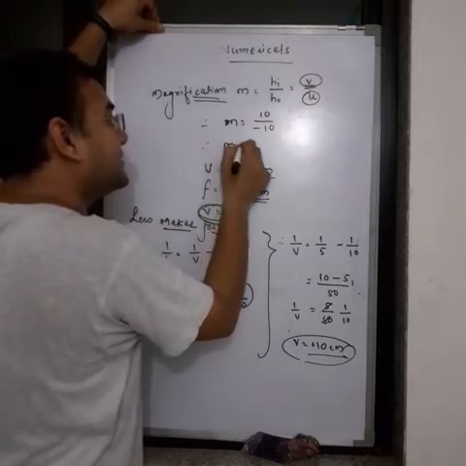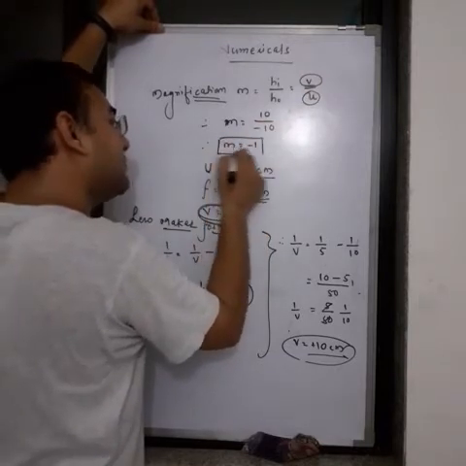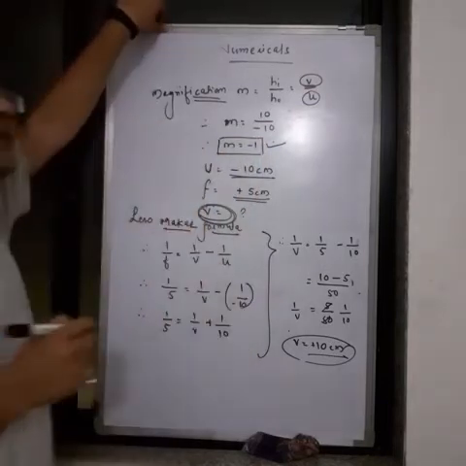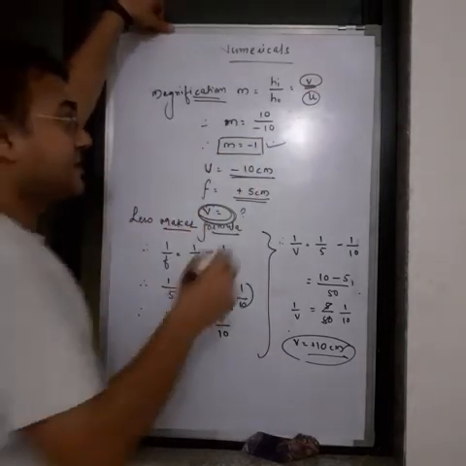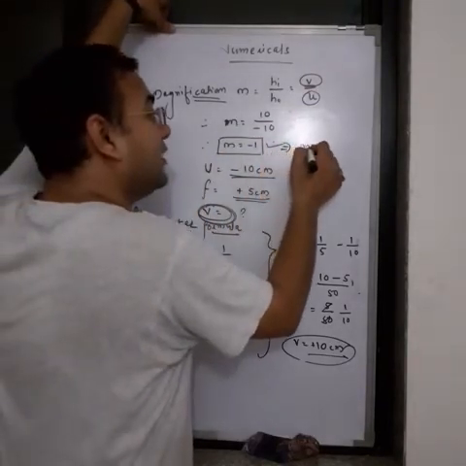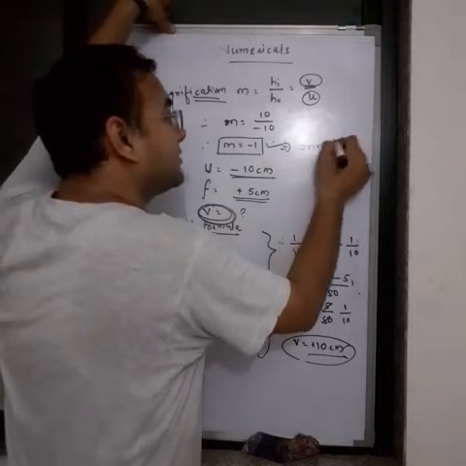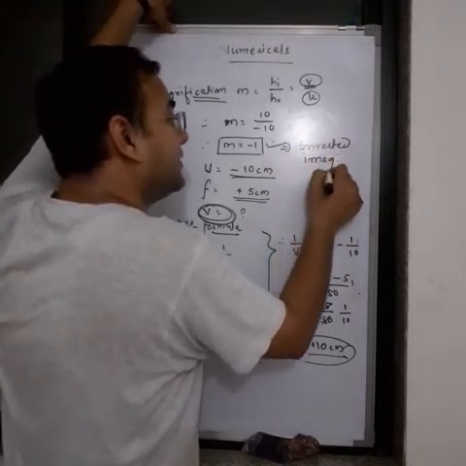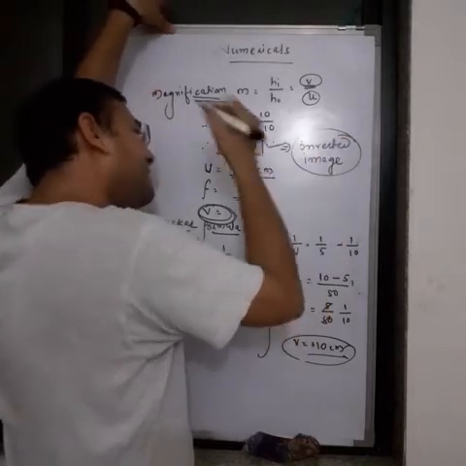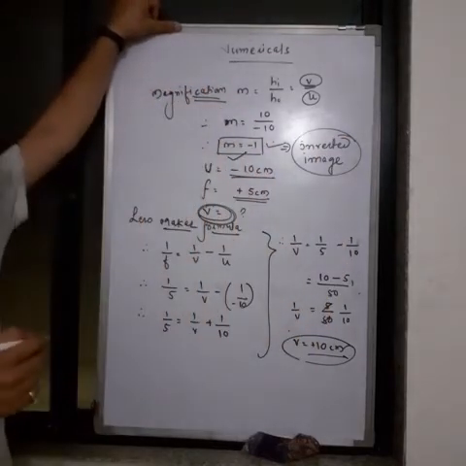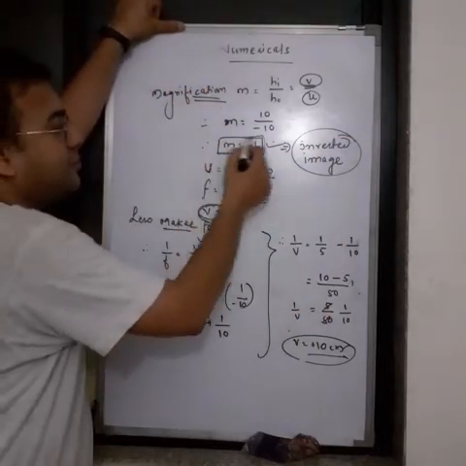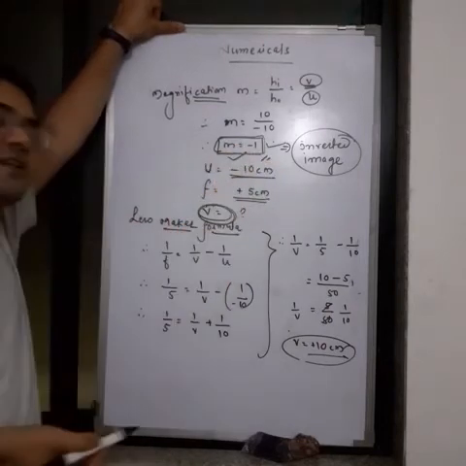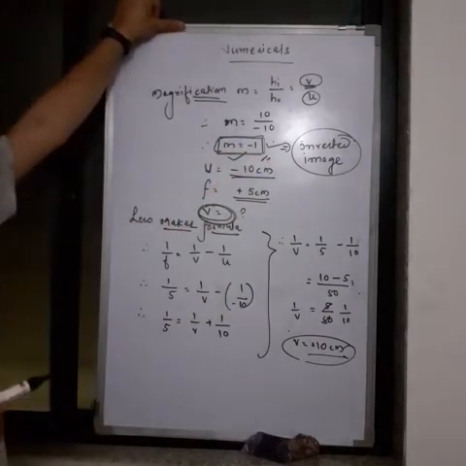So m is equal to minus 1. So magnification is minus. Why is it minus? Because here we have an inverted image, but the image has the same size. That's why m is equal to minus 1. So in this manner we can solve the numericals.